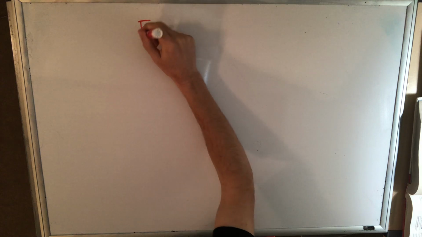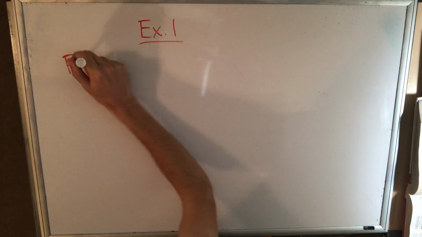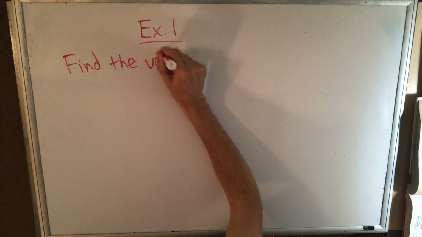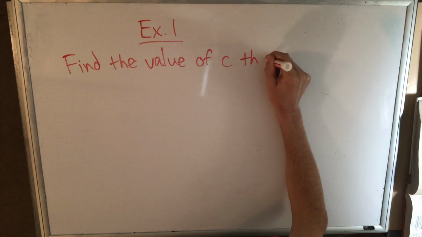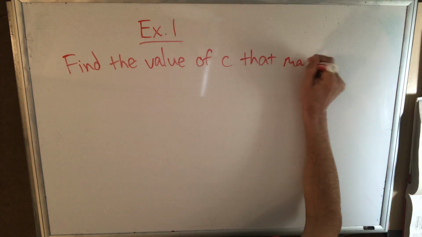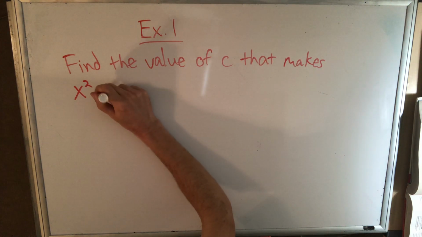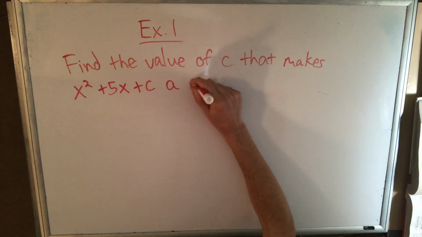So let's write that down. Example 1. Find the value of c that makes the expression, the algebraic expression, x squared plus 5x plus c a perfect square.